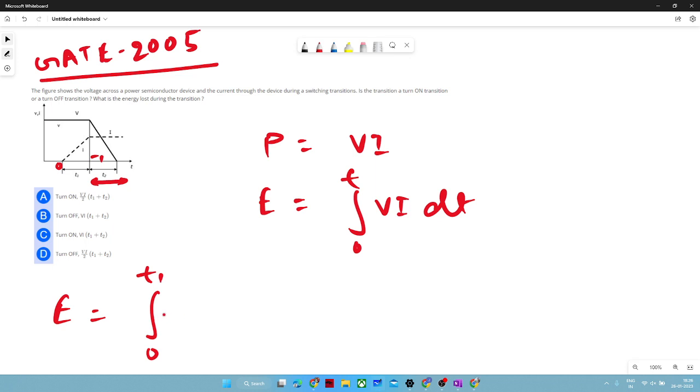V is constant, I is rising with slope, so I into t by t1 into dt. After integrating it, we will get Vi into t1.